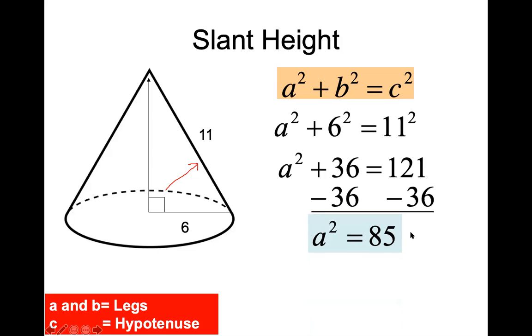For those of you that are comfortable with this estimation process, you can almost do this in your head. The first perfect square that's smaller than 85 is 81, and the next one is 100. So you're not super close to 81, but you're close. If I had to take a guess, maybe 9.2, right? 9.2 would probably be a good guess, and it ends up that 9.2 is the answer, okay?